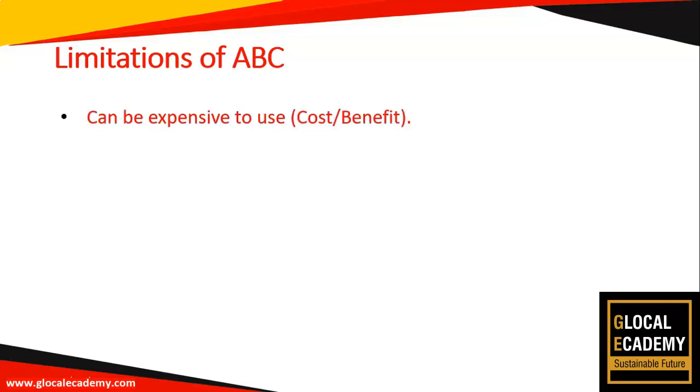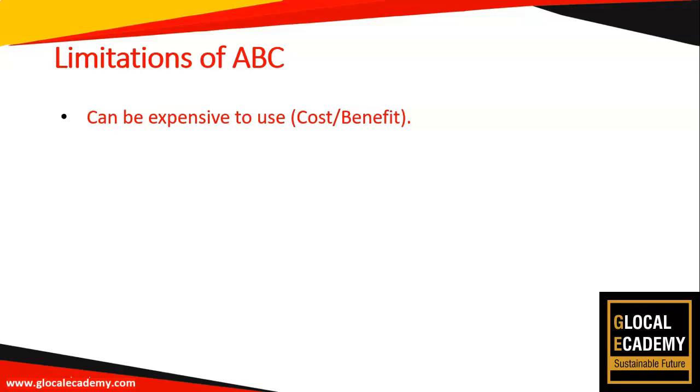That's the limitation with most of the modern techniques, most of the contemporary techniques. They can be expensive to use. Obviously, if you are providing more detail to the overheads, and you are spending too much time on identifying activities, a lot of people are involved, a lot of resources are required, a lot of time is required, so it is not easy and economic to apply activity-based costing.